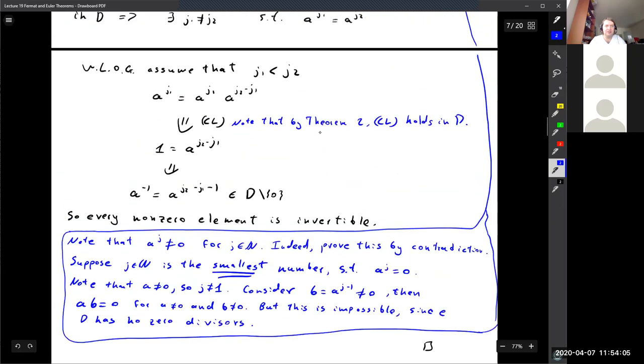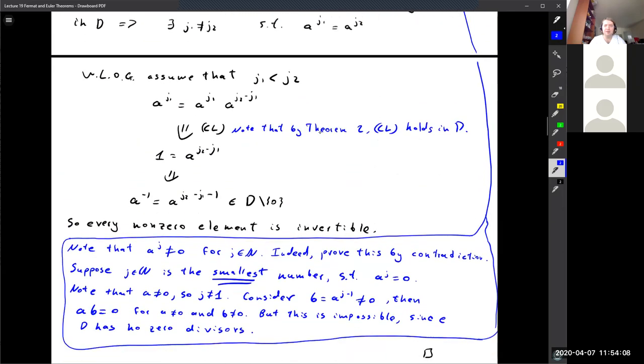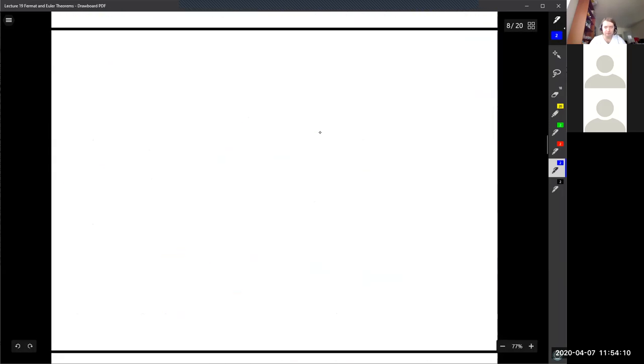So now we will get, and this will be corollary 3, that Z_P is a field for prime P.